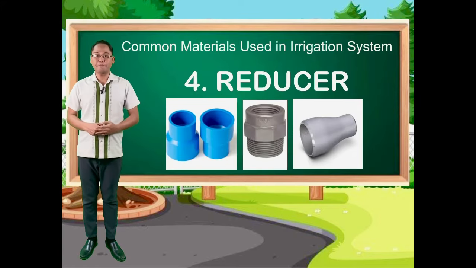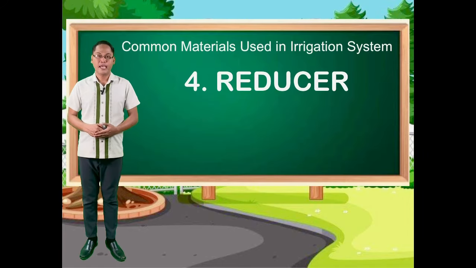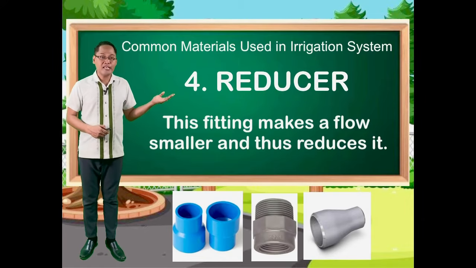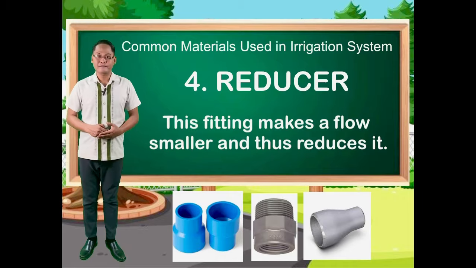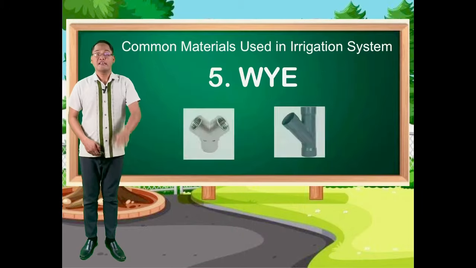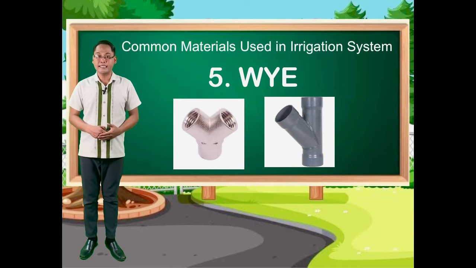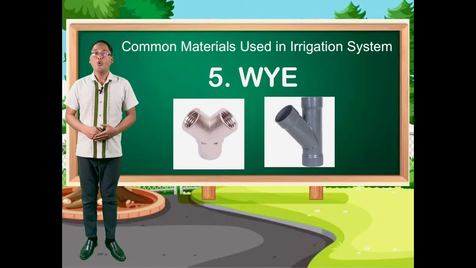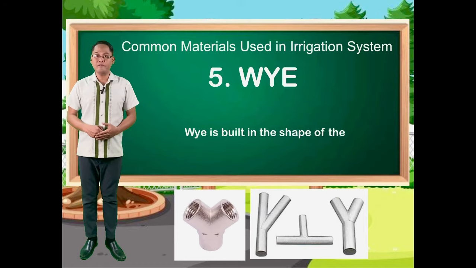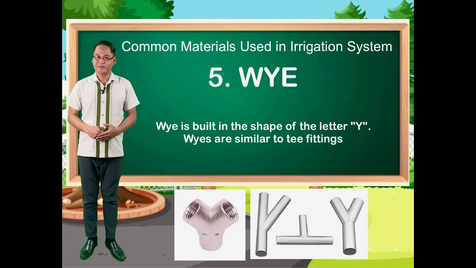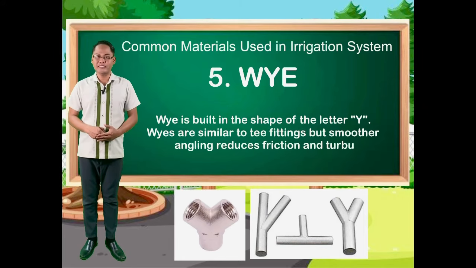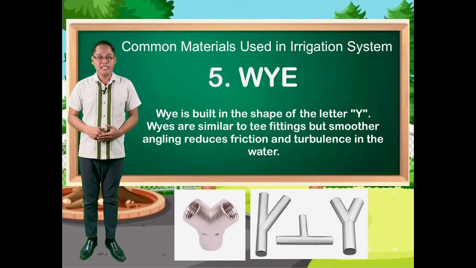The fourth example of fittings is reducer. This fitting makes a flow smaller and thus reduces it. The fifth example of fittings is Y. Y is built in the shape of the letter Y. Ys are similar to T fittings, but a smoother angling reduces friction and turbulence in the water.